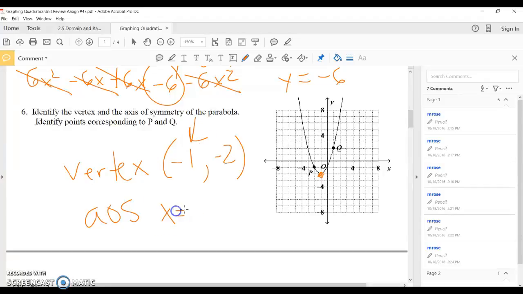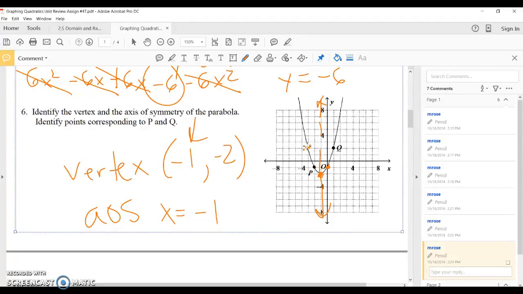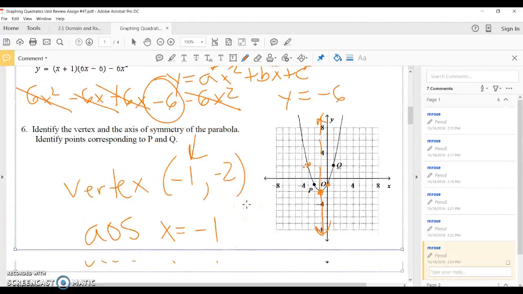So it's x equals negative 1, because it's this line right here that cuts it down. The nice part for this, the corresponding points are just these opposite points. I'm not that worried about them. They really don't show up that often. So it's just these opposite points.